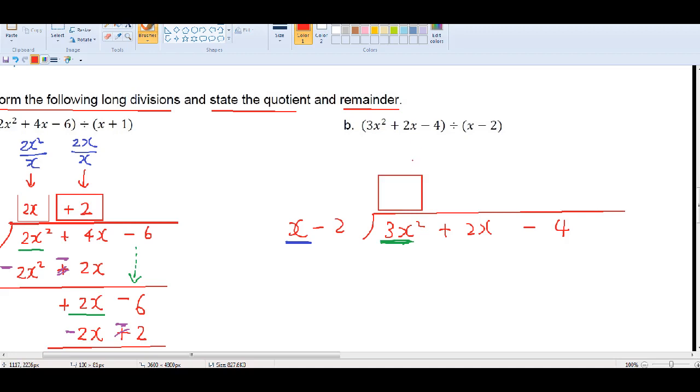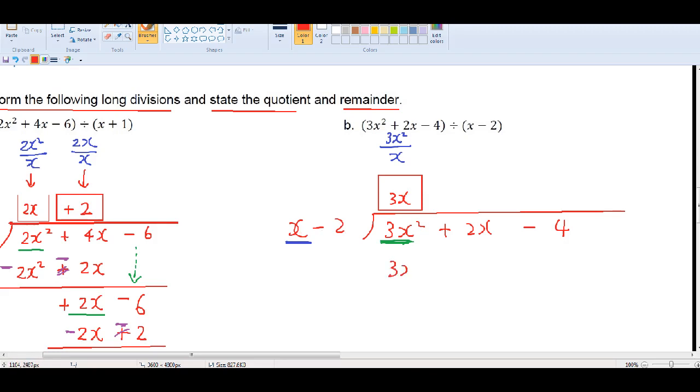So the leading term in the quotient will be 3x squared divided by x, which gives you 3x. Then remember that you need to multiply 3x times x and then times minus 2.